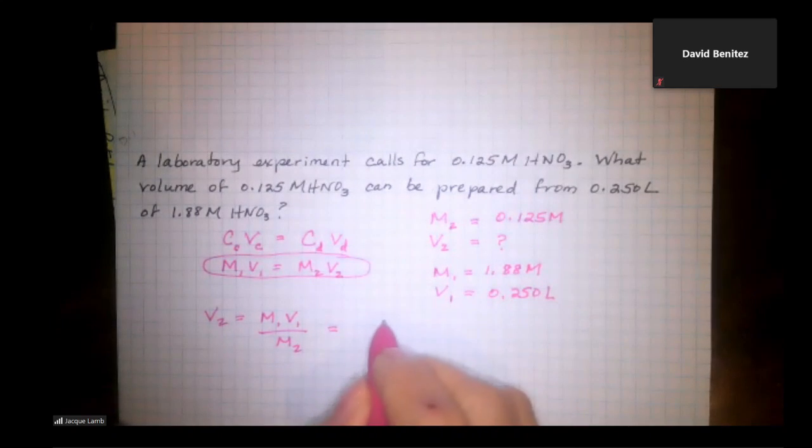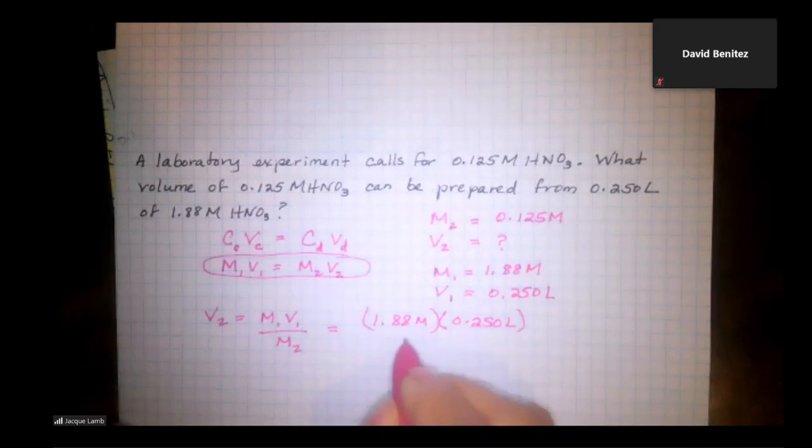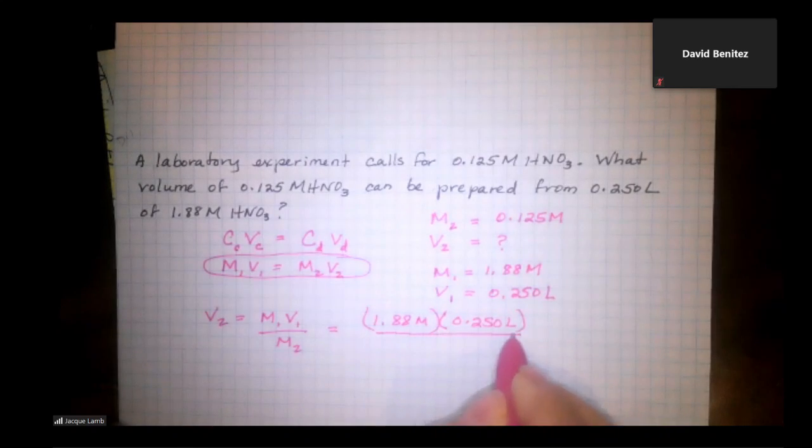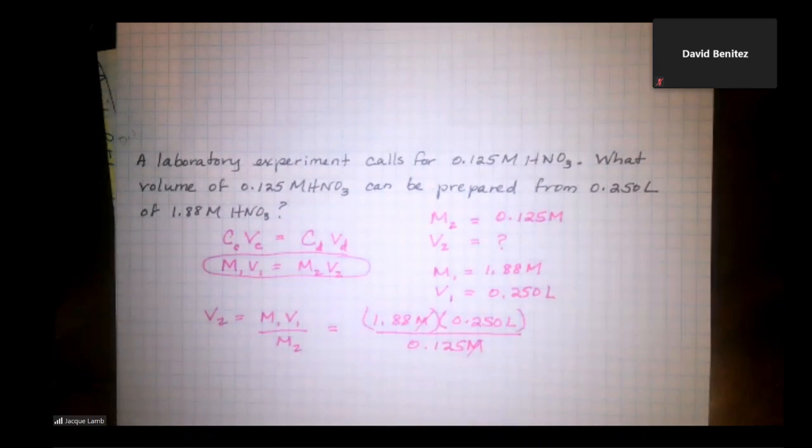It's equal to 1.88 molar times 0.250 liters divided by 0.125 molar. And notice that molarity cancels and we end up in a volume unit, which is what we want.